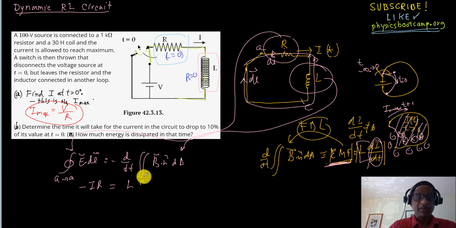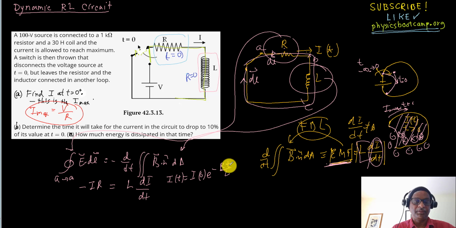So it's L di/dt, and at any time t, it's going to be this equation, and you can see I at t equals I at 0 times e to the minus RT over L, because L can go down here, and so T has a unit of L over R. So this is dimensionless.